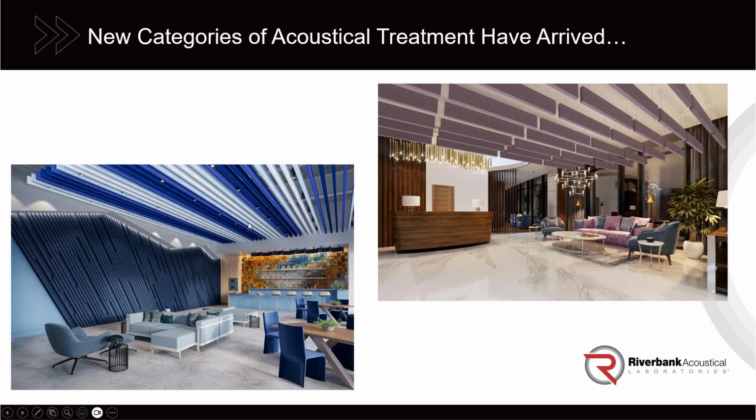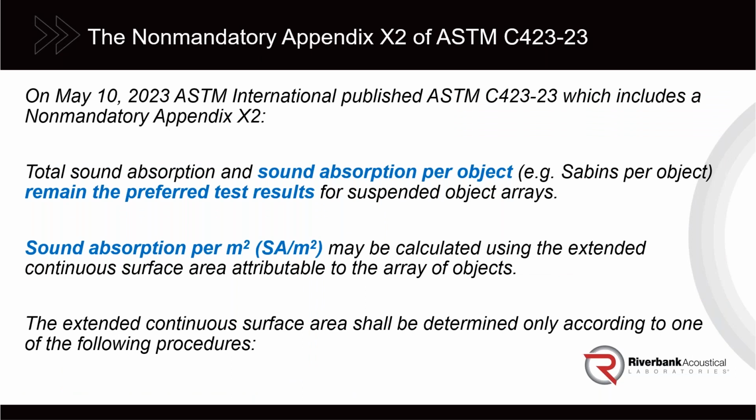So we at ASTM have basically argued for years about what would be the way to calculate sound absorption per square foot for these types of objects. If you go to our website under the Education tab, we have a whole webinar on that struggle and on the different possible ways one could have arrived at sound absorption coefficients for baffles. Fortunately, ASTM has settled this subject once and for all, hopefully.